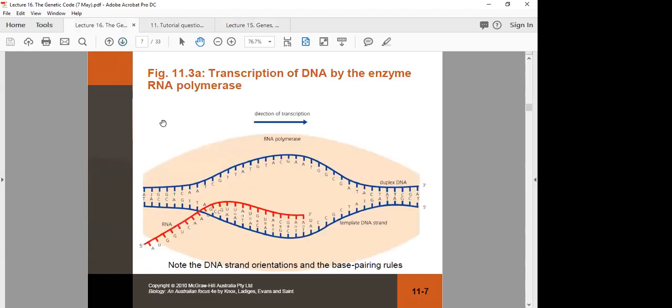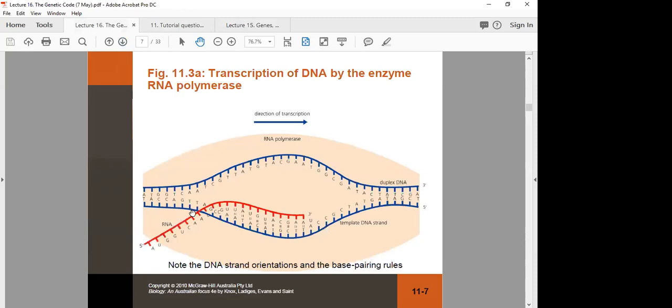So let's look at transcription. Much more simple than the DNA replication that we looked at in the previous lecture. Very similar, but a lot simpler. Okay, so we have our 2 strands of DNA shown in blue. This region here has opened up. In other words, the hydrogen bonds have been broken and transcription has commenced.